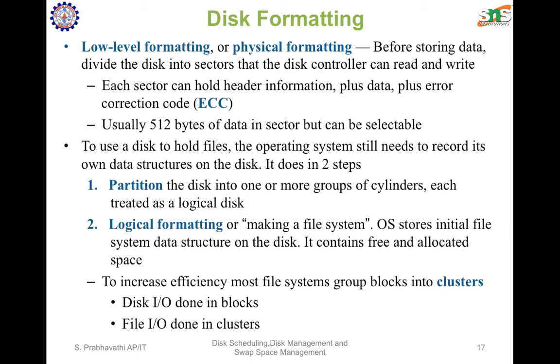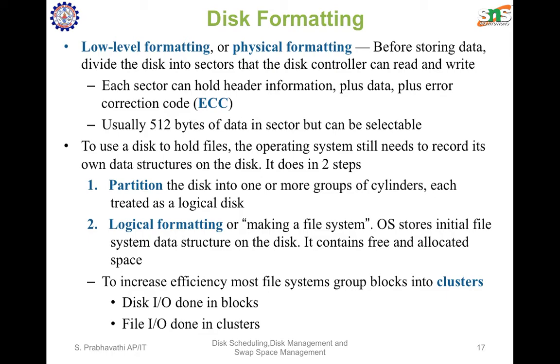Okay. To use the disk to hold files, the operating system does two things: one is partitioning, the other is logical formatting. Partitioning: from the manufacturing side, when we buy a computer, we get the hard disk as a single huge volume, suppose 128 bytes, something like that.